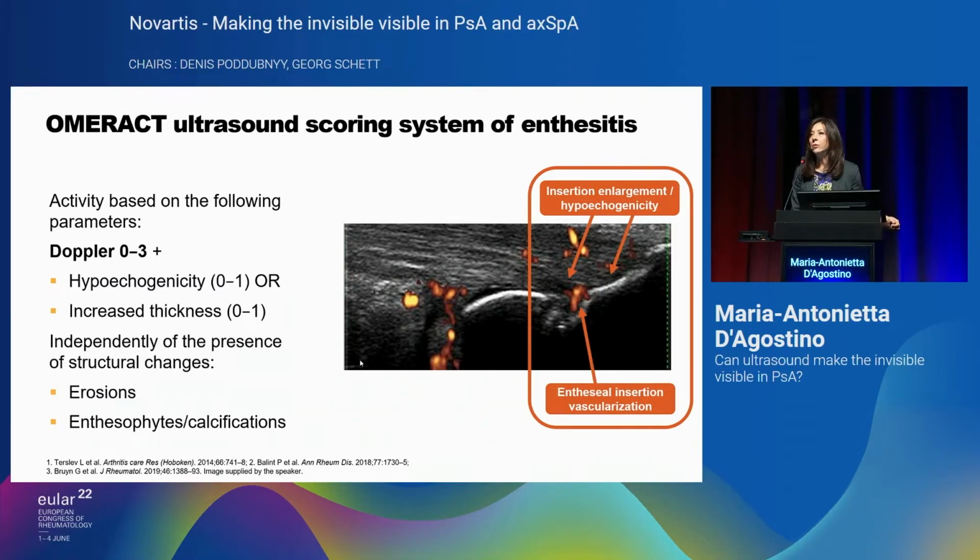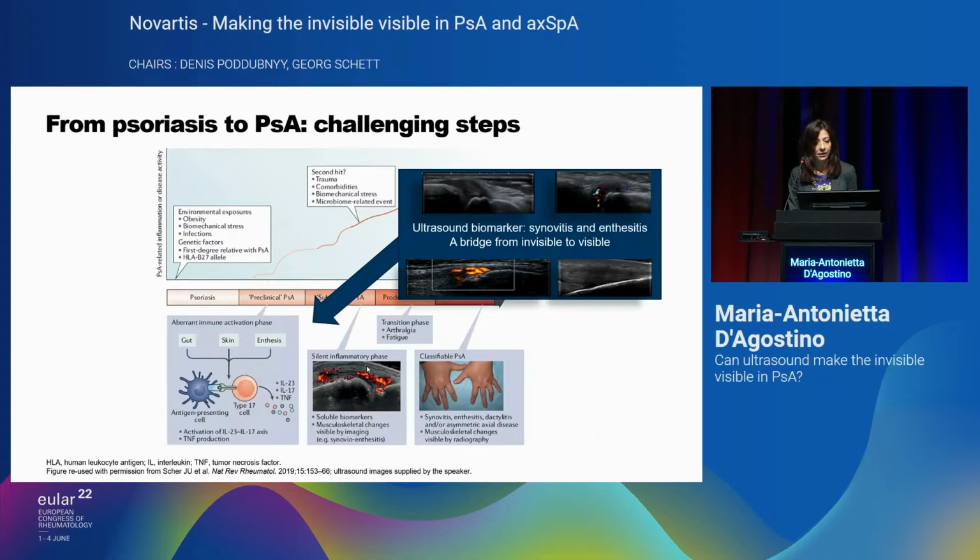Using ultrasound, we can visualize what is happening in the enthesis, where the inflammation is, where the structural damage is, and what the cause of the pain is. In that case, with OMERACT, we have also graded the presence of an enthesitis at site level, considering the B mode, the edema of the enthesis, and the Doppler, the presence of a vascularization that is sometimes so difficult to detect.